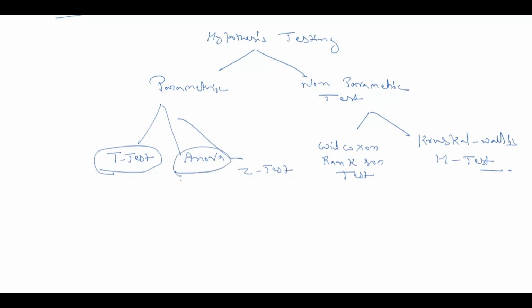ANOVA is further of two types: one-way ANOVA and two-way ANOVA. We also call it one-factor ANOVA or two-factor ANOVA.